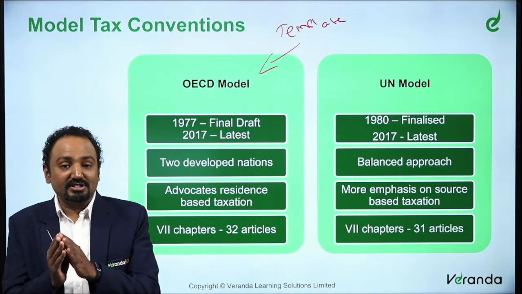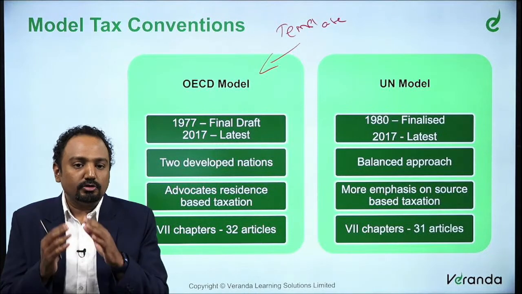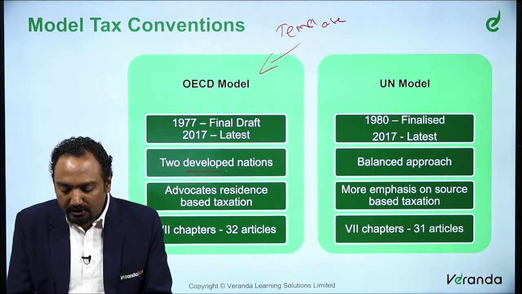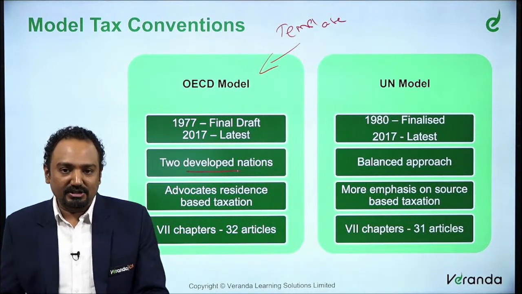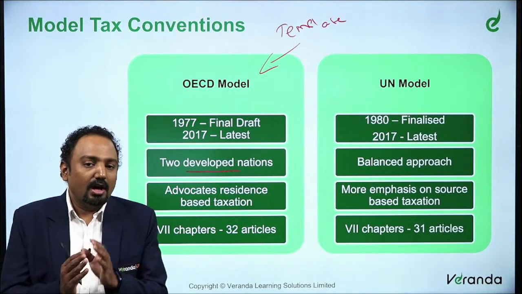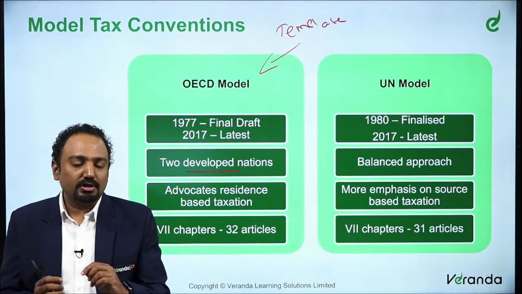When they enter into an agreement, they might prefer the OECD model. So the OECD model is primarily for developed nations. We said there are two types of taxation, that is residence and source.